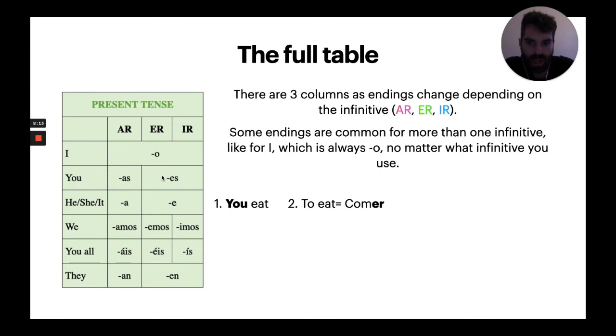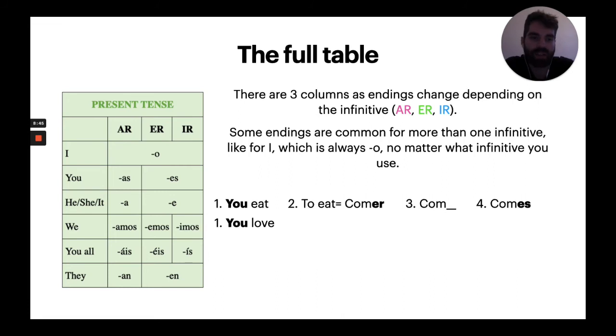I look at that comer is an ER verb, so I have to look at this column here, and because it is for you, the ending is going to be ES. So we remove the ER and then we add ES, and that comes is going to be you eat. You eat is translated as comes into Spanish.